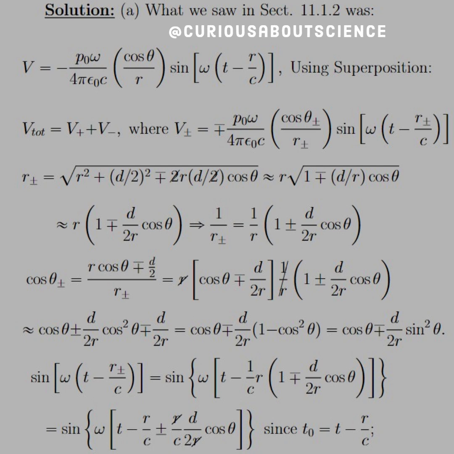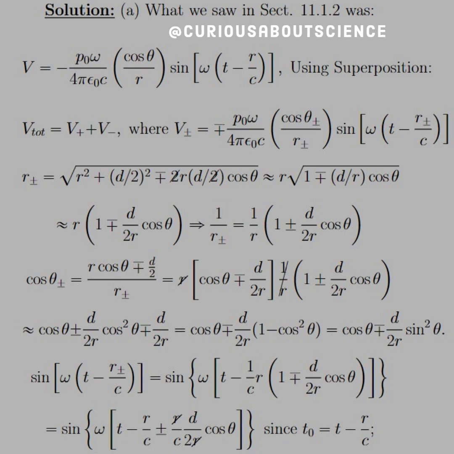Okay, so we were told we want to keep everything within the first order in d, and that's fine, but we have to set up what r is, and we have to set up what theta plus or minus is. All right, let's start. We use what looks like the typical law of cosines structure here.